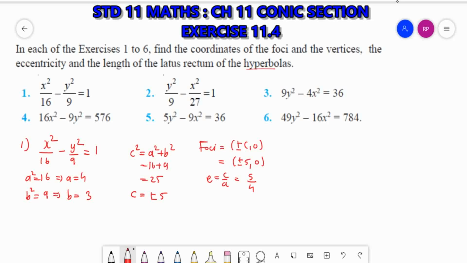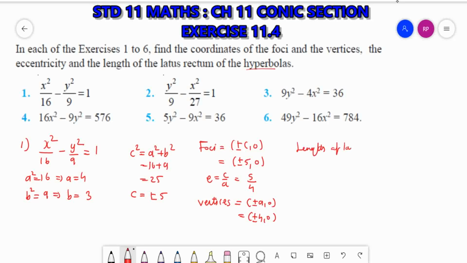Okay. Vertices: as the x-axis is the transverse axis, it will be plus minus a0, so that will be equal to plus minus 4, 0.